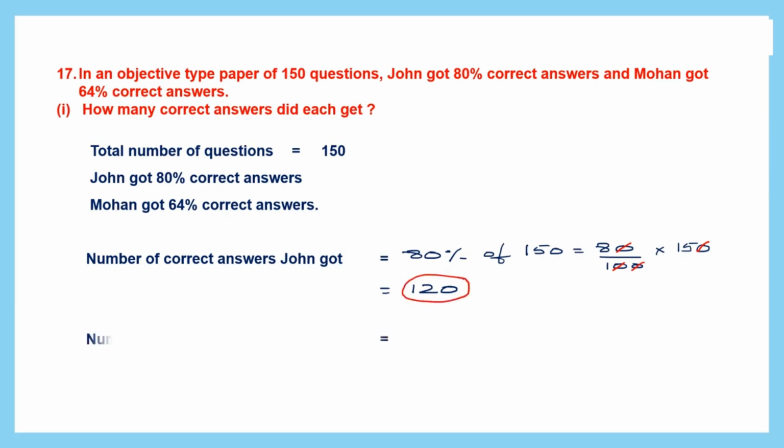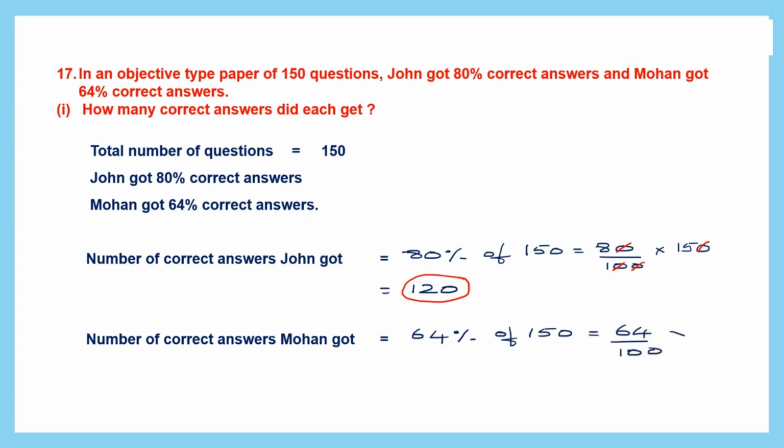Next, the number of correct answers Mohan got. Mohan got 64% of the correct answers. So that will be 64% of the number of questions, 150. So this is 64 by 100 into 150. Here also let's cancel. I can cancel the zeros. Now I have 10 and 15.